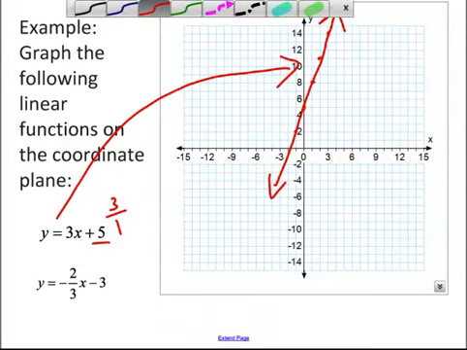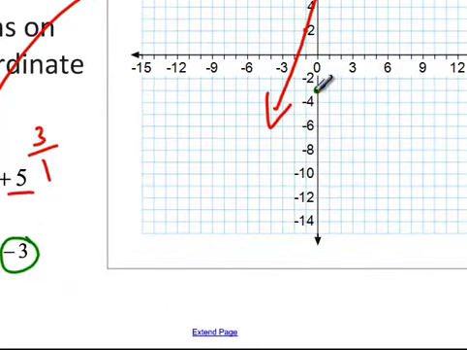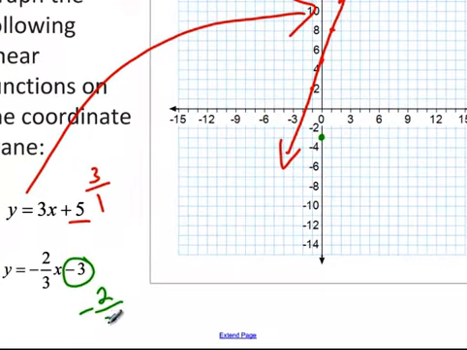And then if I look at the other one, I'll use green. The y-intercept is -3, so right there. And the slope is -2/3. So rise over run, remember I can go down 2 over 3. So from here I'm going to go down 2, to the right 3, and I get a point there.